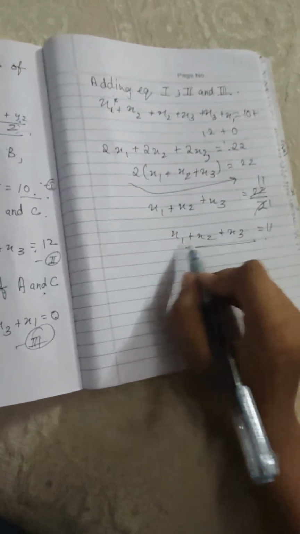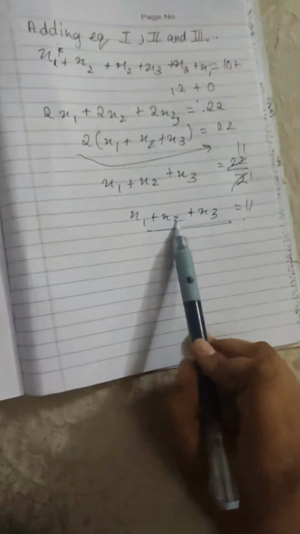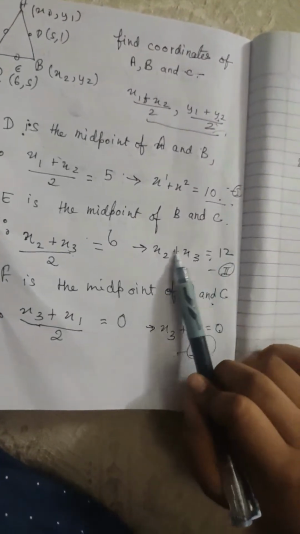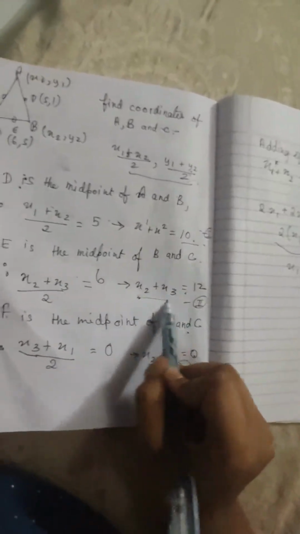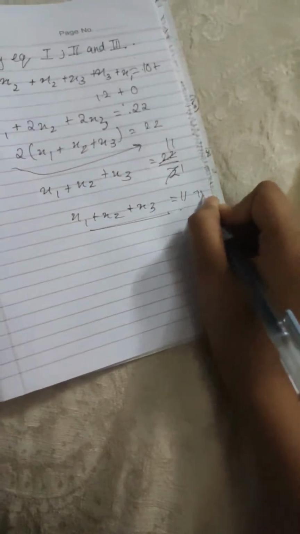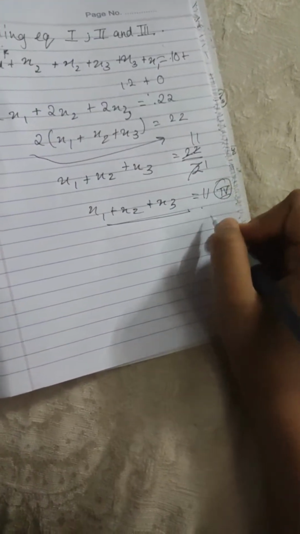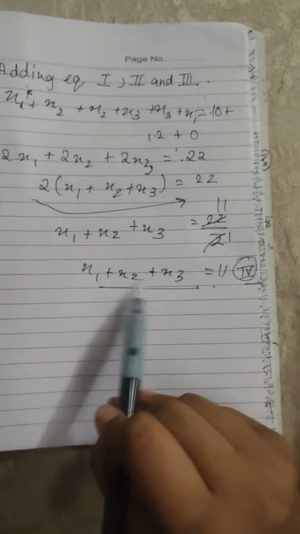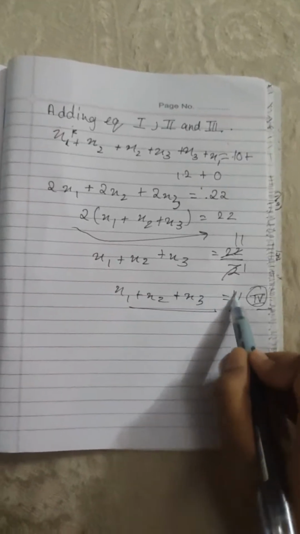Now we will subtract an equation from it in which two of these terms are present. Let's give this the name of equation 4. So it is 11.